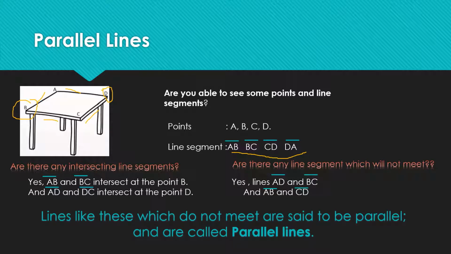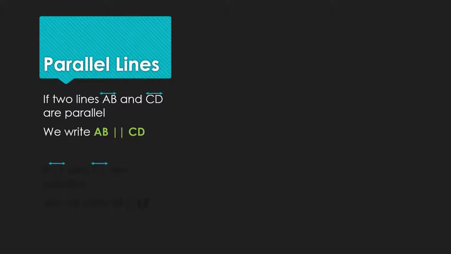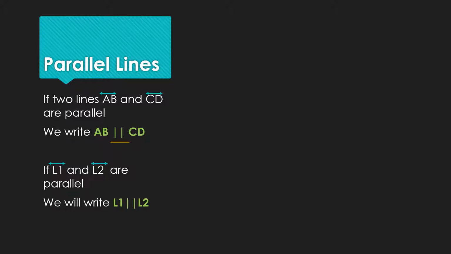So, lines like this which do not meet are called parallel lines. If two lines AB and CD are parallel, we symbolize it with this symbol, AB is parallel to CD, and if L1 and L2 are parallel, we write L1 is parallel to L2.